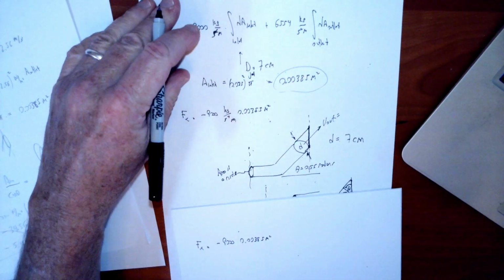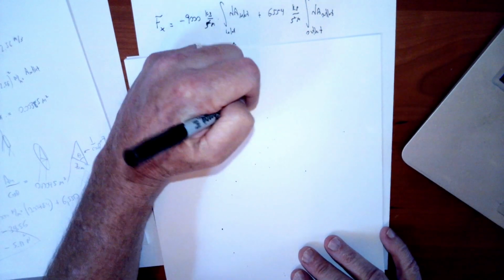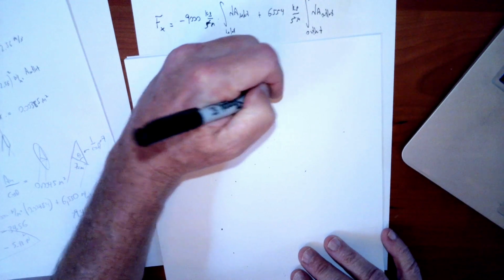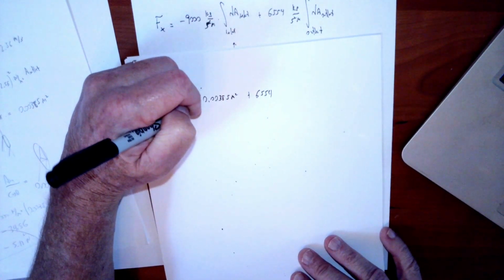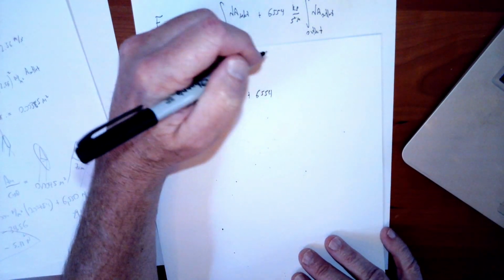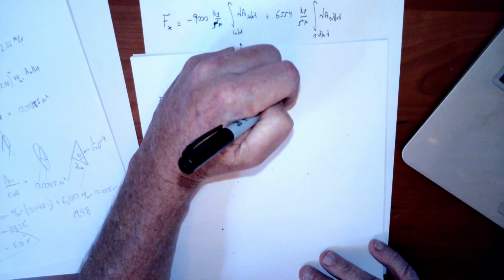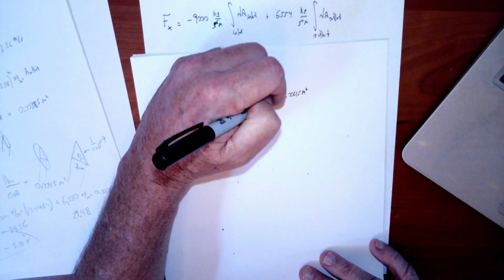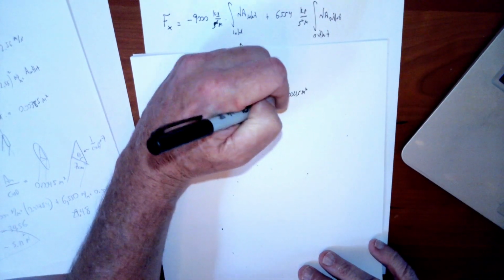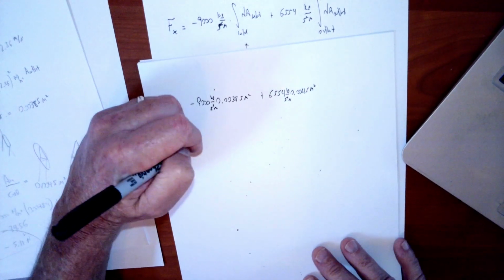And then I had 6,554. These units were kilograms per second squared meter. And then that times the area of the outlet, which I just said is 0.0045 meters squared. And I still have those kilograms per second squared meter. So that's going to give me my X force.